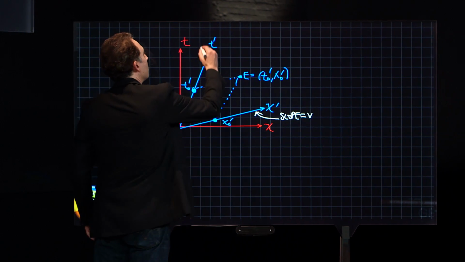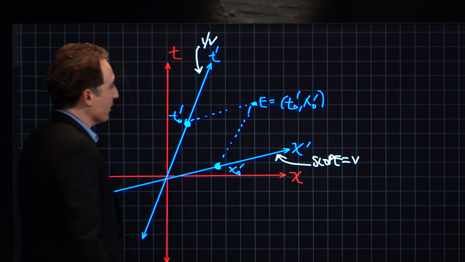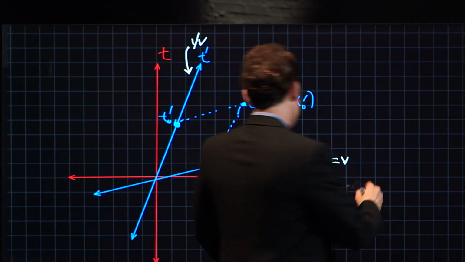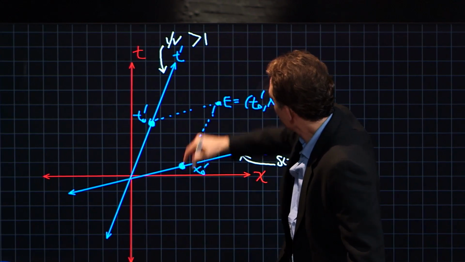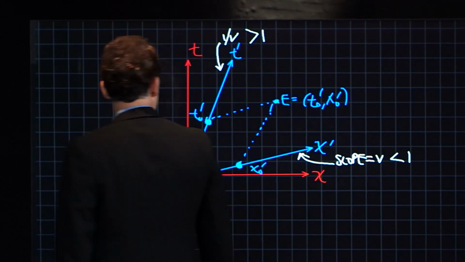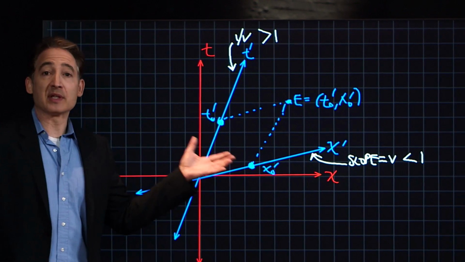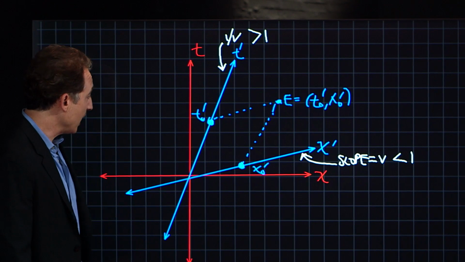If you look at the slope of this other axis, the slope is 1 over v. Again, v is always less than 1, so this is always bigger than 1. So the t prime axis is always sloped upwards in that way. And just by looking at the diagram, you can read off the velocity of the moving frame.